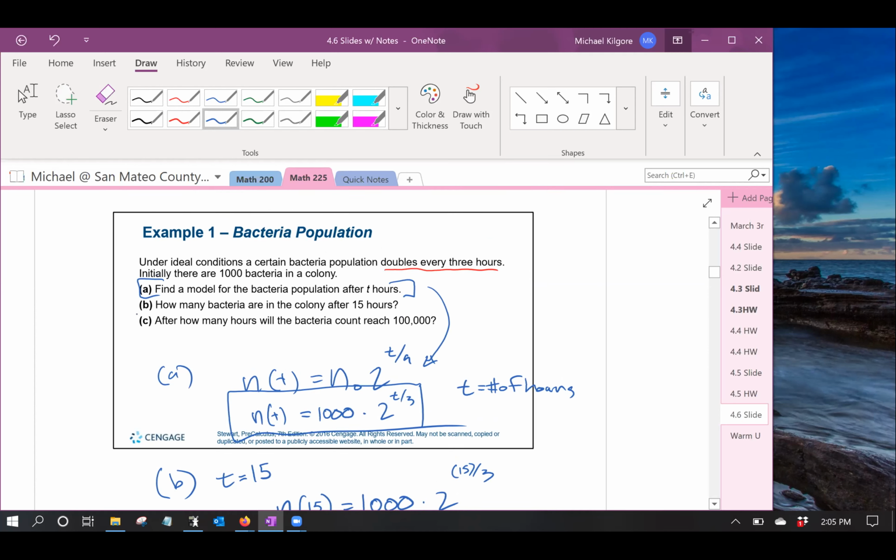And all I did was use that property of logarithms. Now I'm going to divide by natural log of 2. So I end up at ln 100 divided by ln of 2 is equal to t divided by 3. So my final answer is t is equal to 3 times ln of 100 divided by ln of 2.